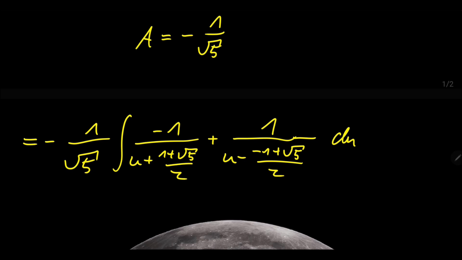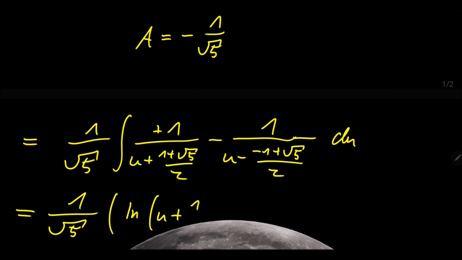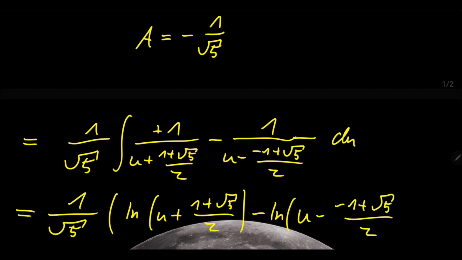And if we distribute the minus, we get the plus here and a minus there. And now we can easily integrate this, giving us 1 over the square root of 5 times ln of u plus 1 plus the square root of 5 over 2 minus ln of u minus 1 plus the square root of 5 over 2 plus c.